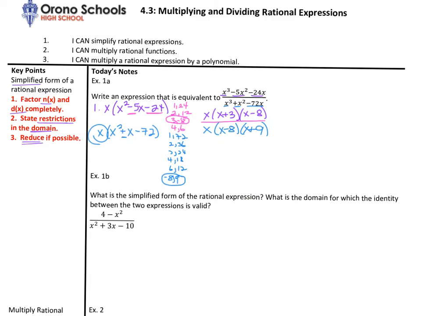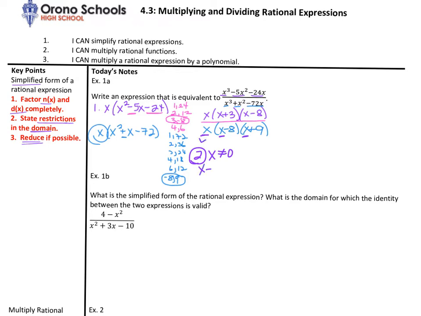Step 2 is to state any restrictions in the domain. If you notice in the denominator, we've got an x minus 8, and an x plus 9. If any of those x values make the denominator equal to 0, then the whole thing is undefined. So x can't equal 0, that takes care of the first one.